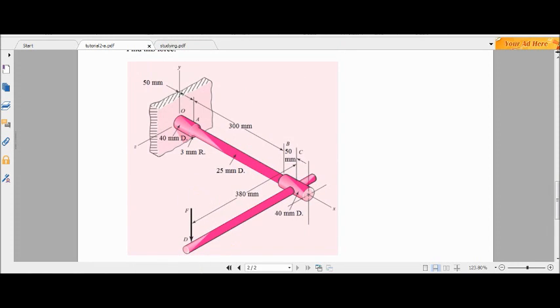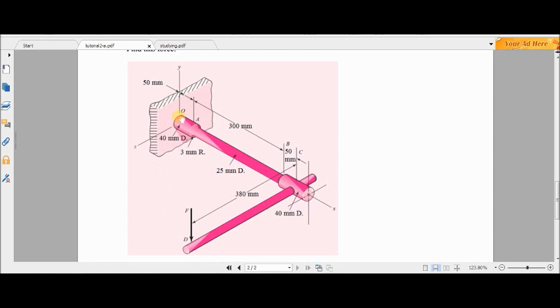Okay, so as you can see, at this area we have two diameters. One diameter from O to A is 40 millimeter, and from A to B is 25 millimeter.